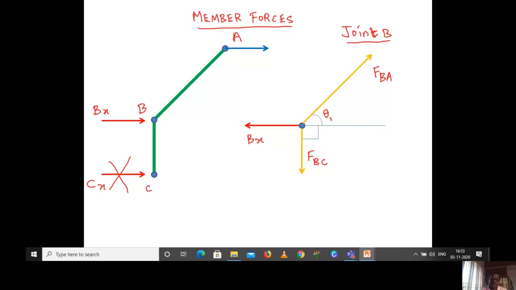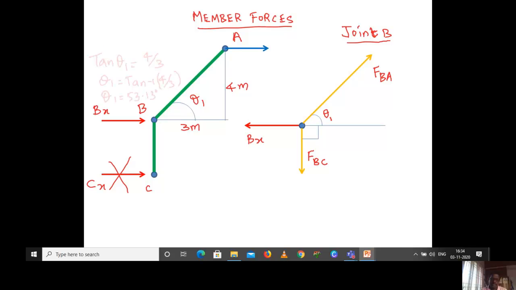First, I am going to calculate this particular theta 1, because I knew that already the FBC with the horizontal will be 90 degrees. So I want to know the value of theta 1 now. Theta 1 we can calculate from the geometry. In the geometry it is given that with respect to B point, the A point is at a vertical distance of 4 meter. Similarly, from the B point, the A point is at a horizontal distance of 3 meter.